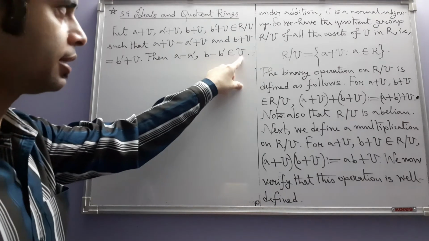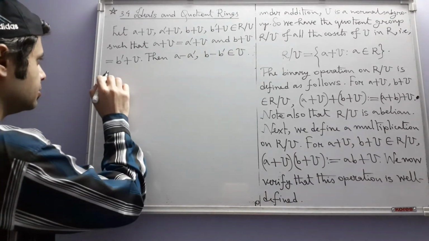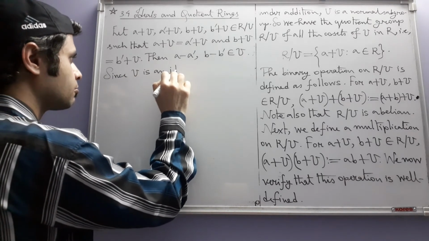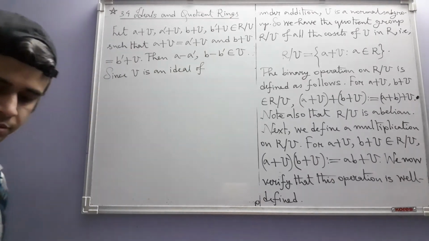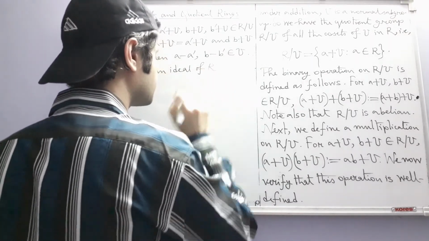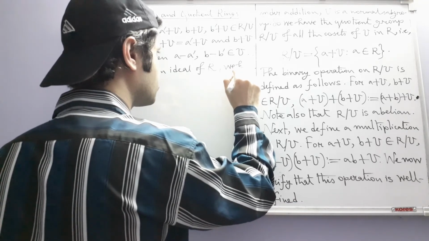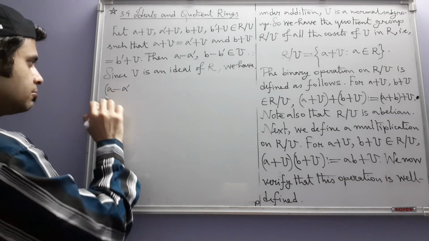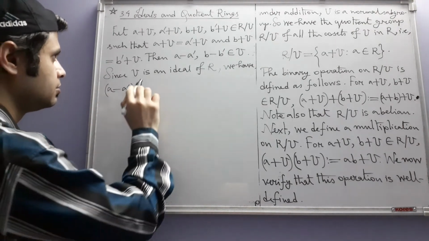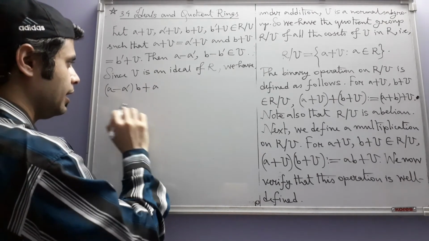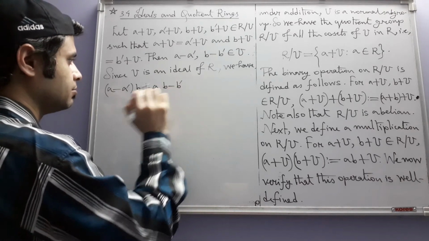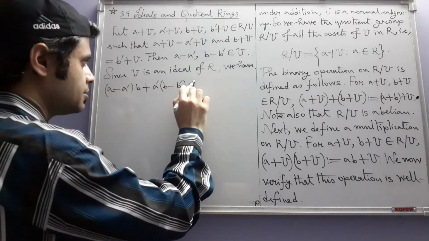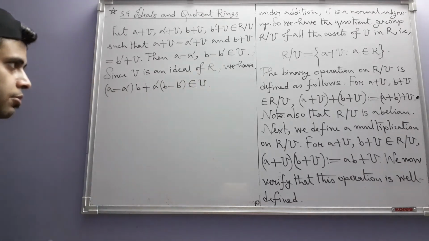Now we use the fact that U is an ideal. Since U is an ideal of R, we have (A minus A prime) times B plus A prime times (B minus B prime), this belongs to U. Why?